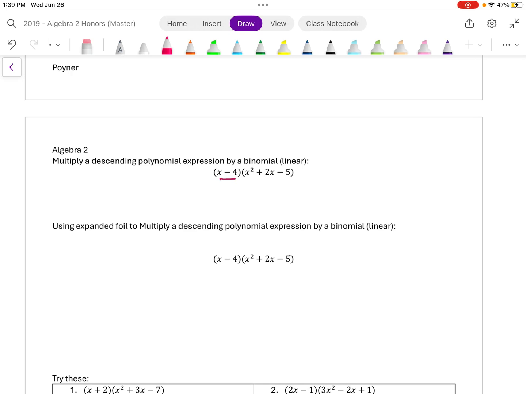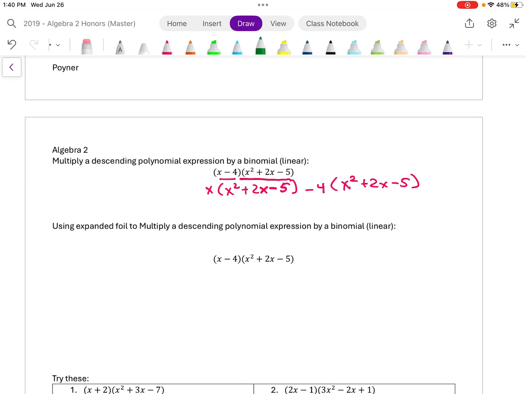So if you're going to do it the long way, that means by double distribution, you can take x and multiply by x squared plus 2x minus 5. So in other words, you're distributing the trinomial over the first term of the binomial, so minus 4. The negative 4 also has to be multiplied by everything.